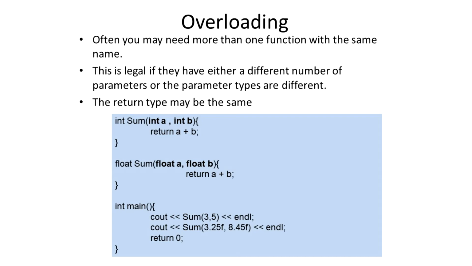For example, here in this example, we've got a function called sum, which adds two numbers together. And rather than having a sum of integers function and then a sum of floats function, which have different names, we can actually keep the same name of sum and then just pass in different parameters, different types in this case, and then return the matching type.